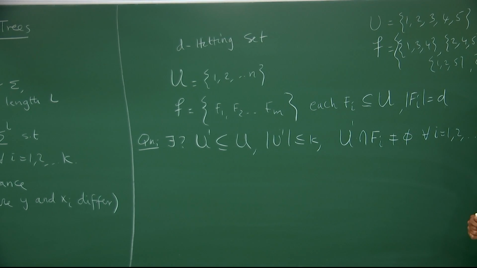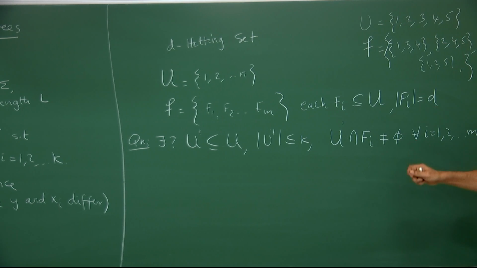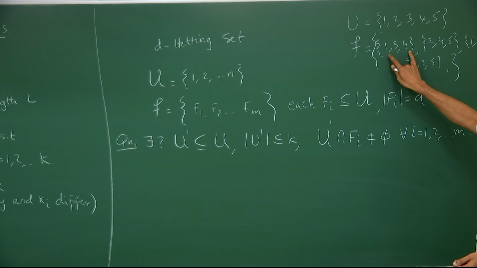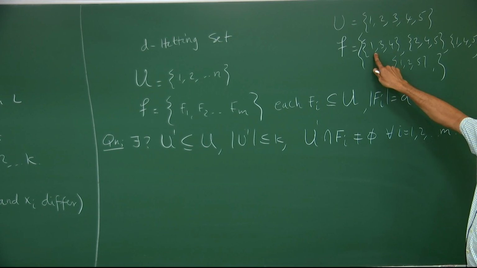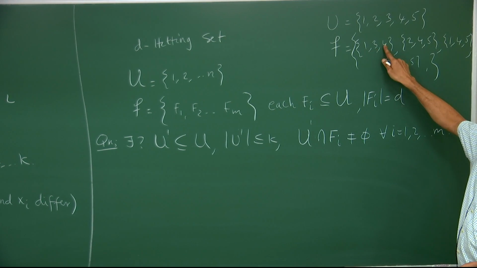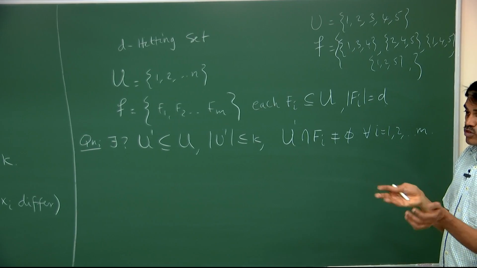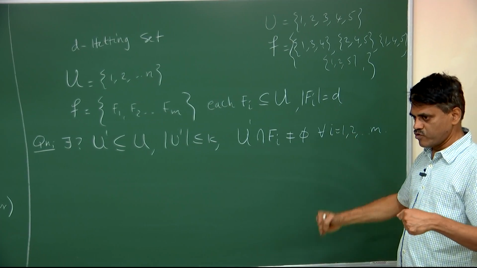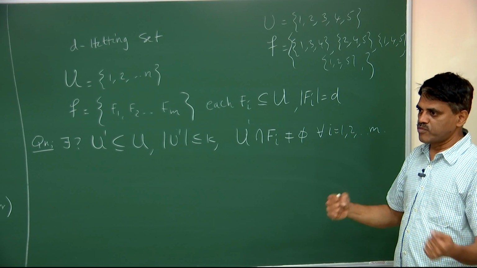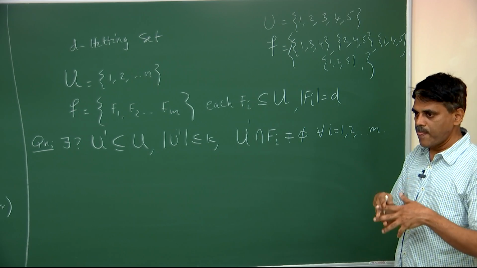Go to any Fi, say F1. Then you know that in my solution 1 has to be there, or 3 has to be there, or 4 has to be there. Maybe both of them, or all 3 of them, but at least 1 has to be there. That gives you a branching. So that's a 3-way branching.